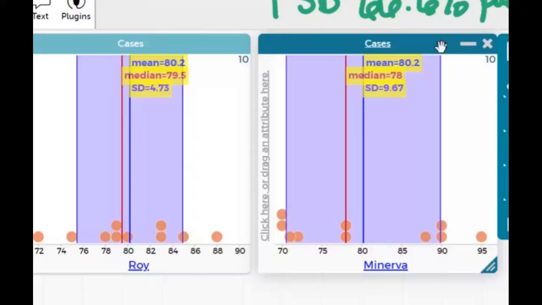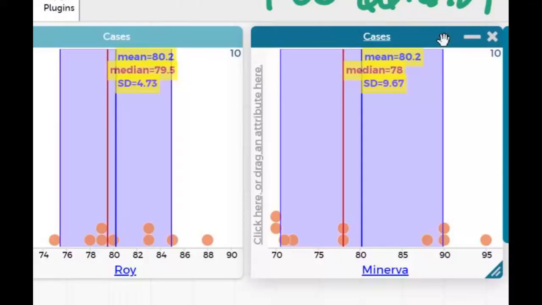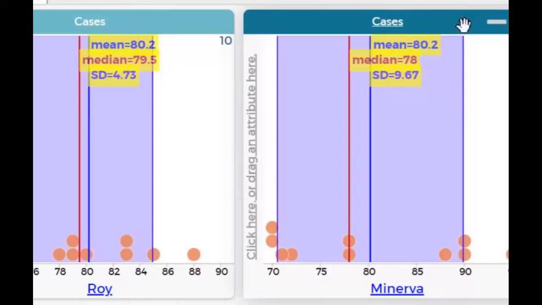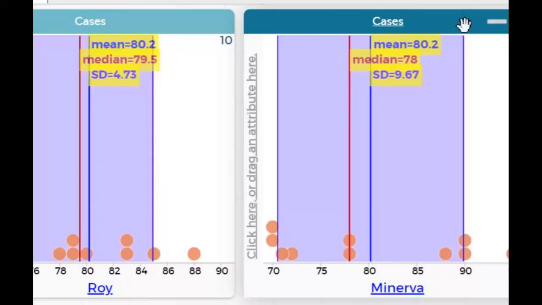But look at the standard deviation. Which one is bigger? You can see the numbers, right? Minerva's standard deviation is 9.67. What is standard deviation again?